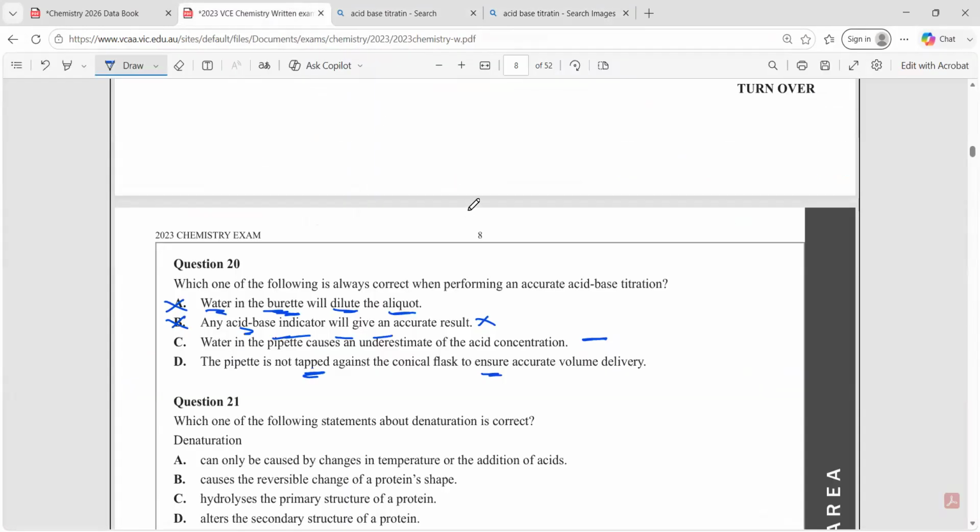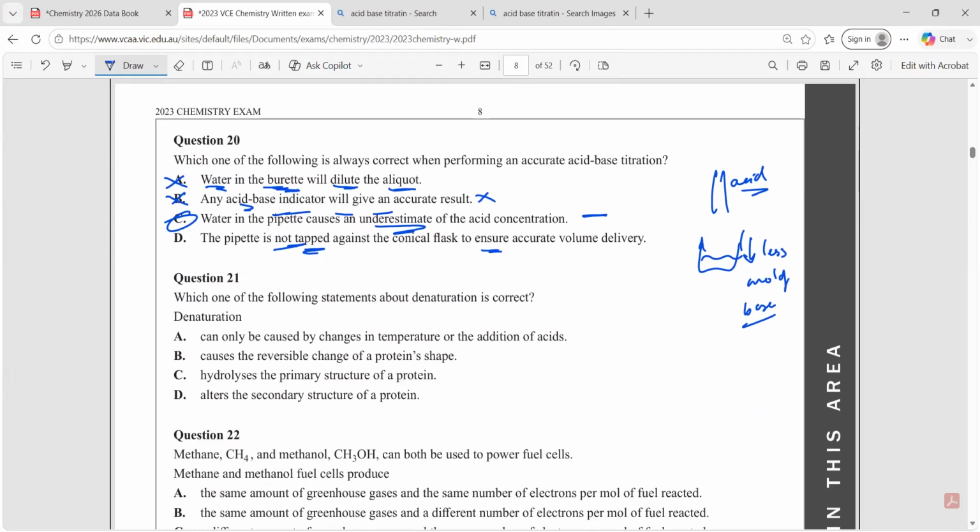Let's just say, for example, we have acid and then a base here. If there's water, that means there's fewer moles of base, right? Because there's water diluting it, which means that there'd be fewer moles of acid required to neutralize it, and therefore there could be an underestimation of the acid concentration.